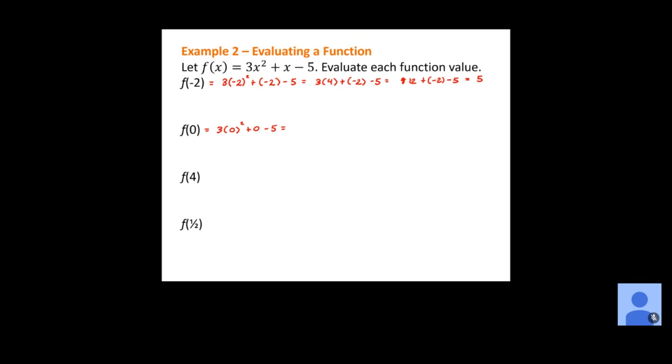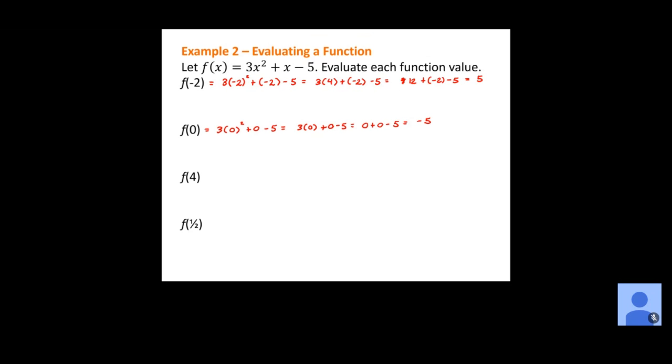But again, if you follow your order of operations, what's 0 squared? 0. And what's 3 times 0? Still going to be 0, right? We basically end up with 0 plus 0 minus 5. And what's that going to give us? Just negative 5. Good.